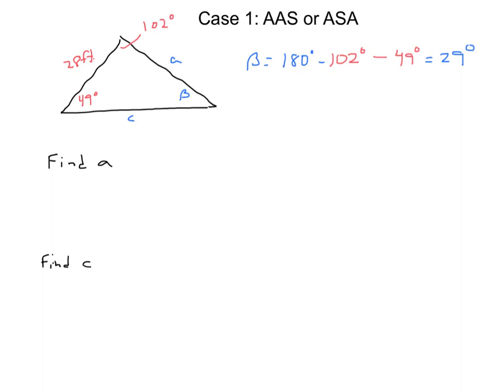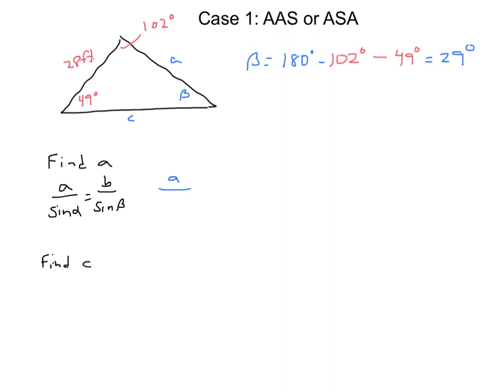I'm going to use those first two. A over the sine of alpha equals B over the sine of beta. I'm trying to find A, so A over the sine of alpha, which in this case was 49 degrees.